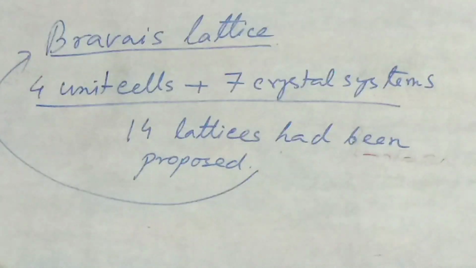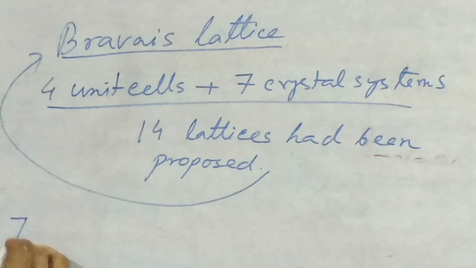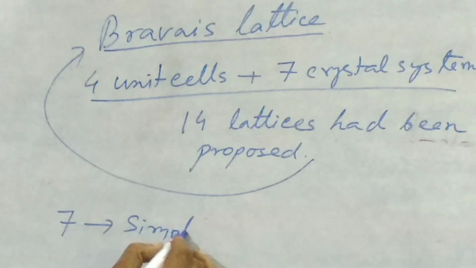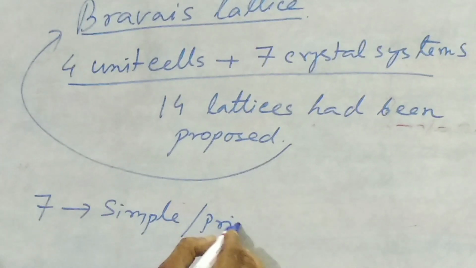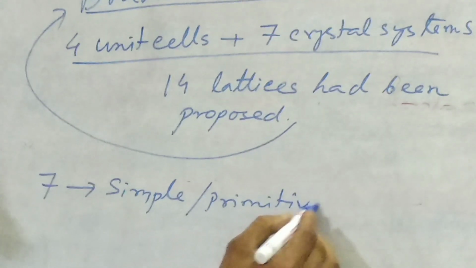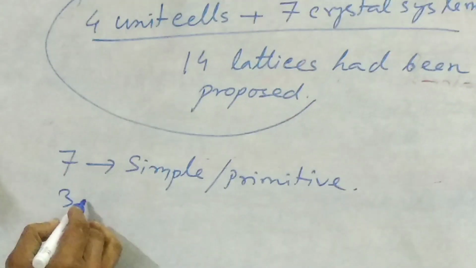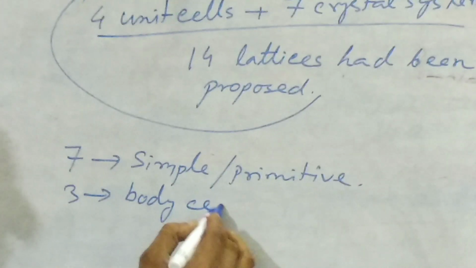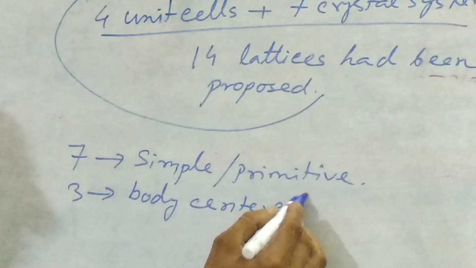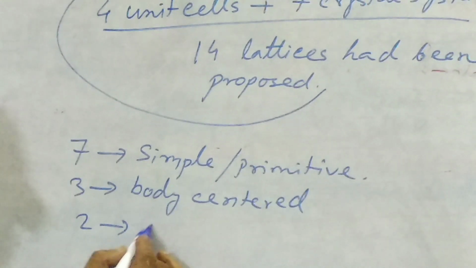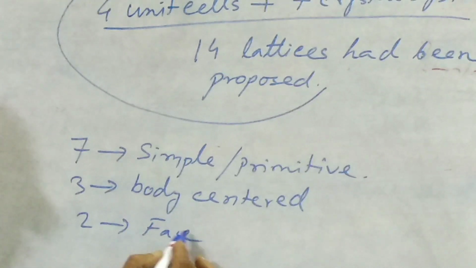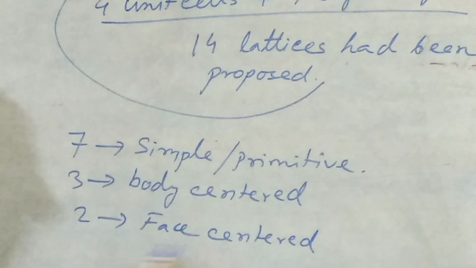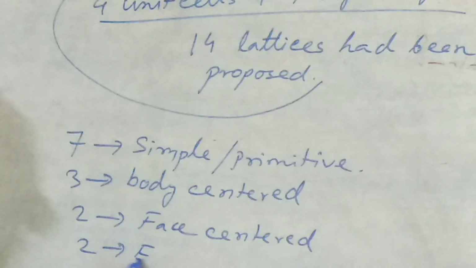Out of these 14 lattices, 7 are simple or primitive, 3 are body-centered, 2 are face-centered, and the rest 2 are end-centered.